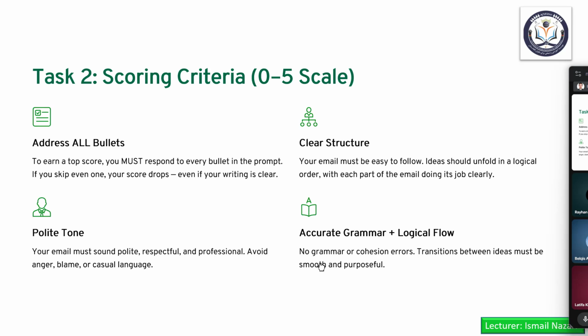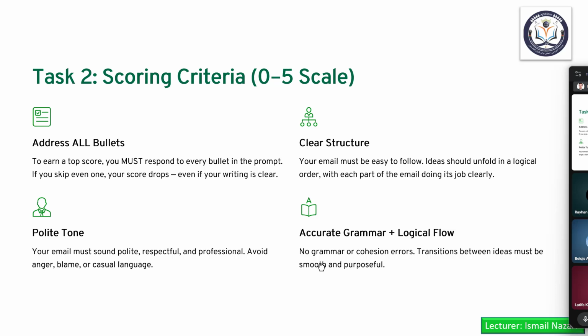To summarize, the most important criteria our scores will be based on are, first, the bullet points we need to address. Second, clarity, using a clear structure to write the email. Third, having a polite tone in our email.